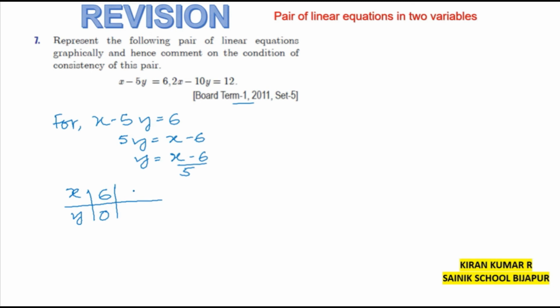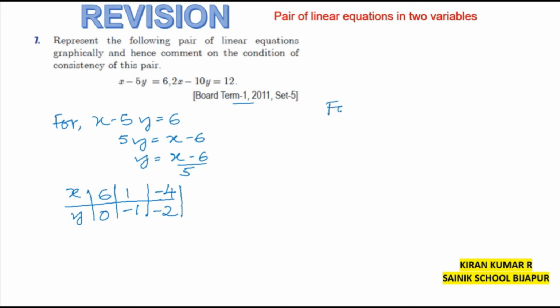If x value is taken as 1, I'll be getting 1 minus 6 which is minus 5 upon 5, minus 1. If I take the value of x as negative 4, the value of y becomes minus 10 by 5 which is minus 2.